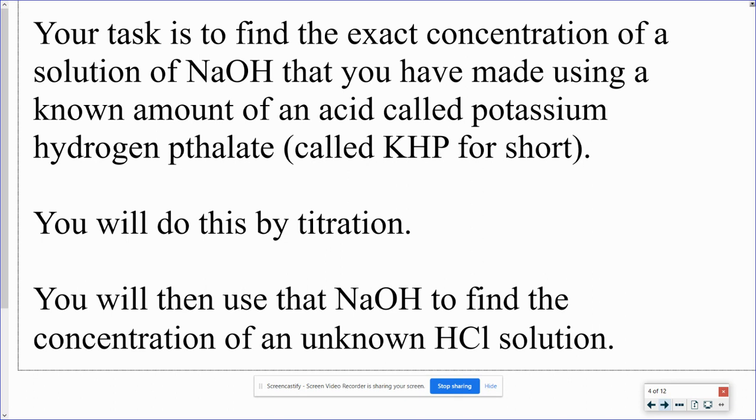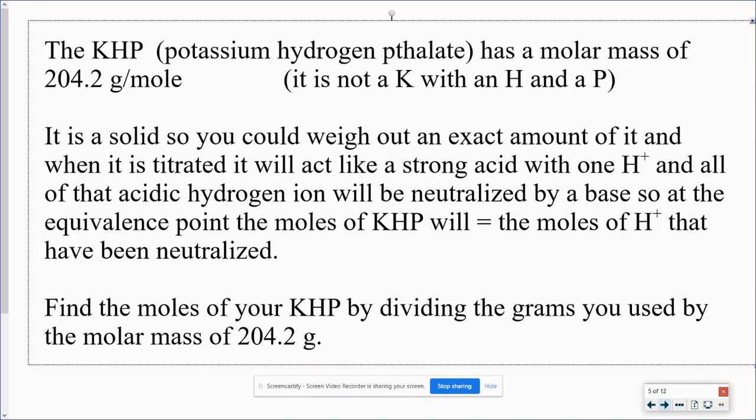And then you were adding the NaOH until you got to the endpoint. Then you could, by calculation, figure out what the exact molarity of the NaOH was. You knew it was around 0.1, but it wasn't exactly 0.1. And then once we know the exact molarity of the NaOH, you'll then be able to find the concentration of an unknown HCl.